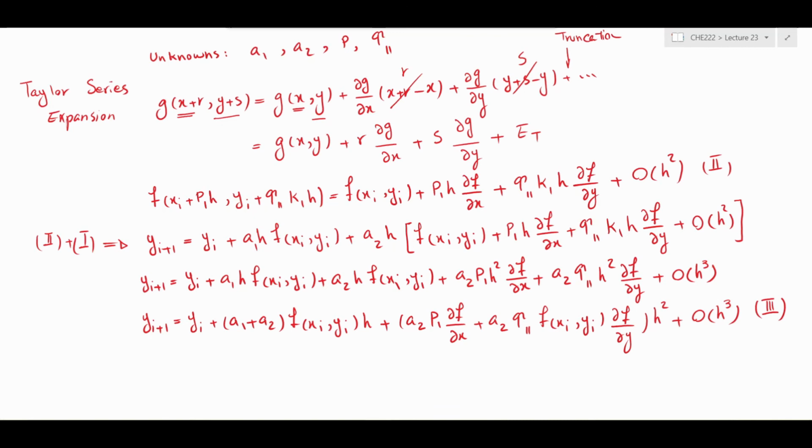So from this point on, we will follow the same procedure that we used for the first order Runge-Kutta, and that's basically using Taylor series expansion to expand yi plus 1 based on yi. The only difference is here we will add one more term before the truncation.